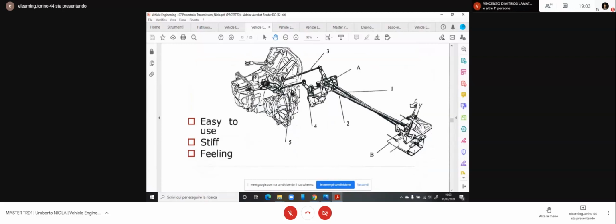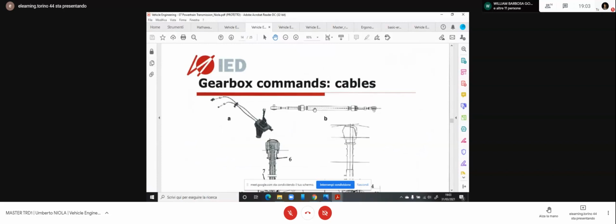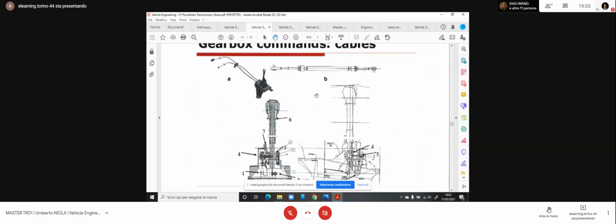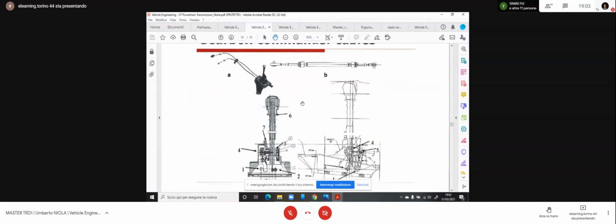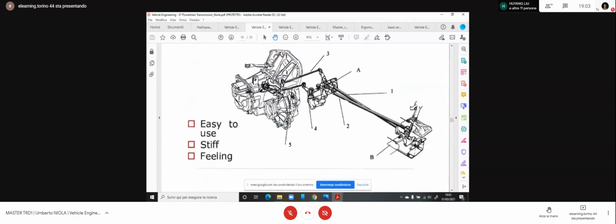The problem of this one is the vibration transmitted inside of the habitacle. So the evolution for the mechanical link is using flexible cables. They are quite more precise because you do not have this great amount of joints and bolts and articulation.